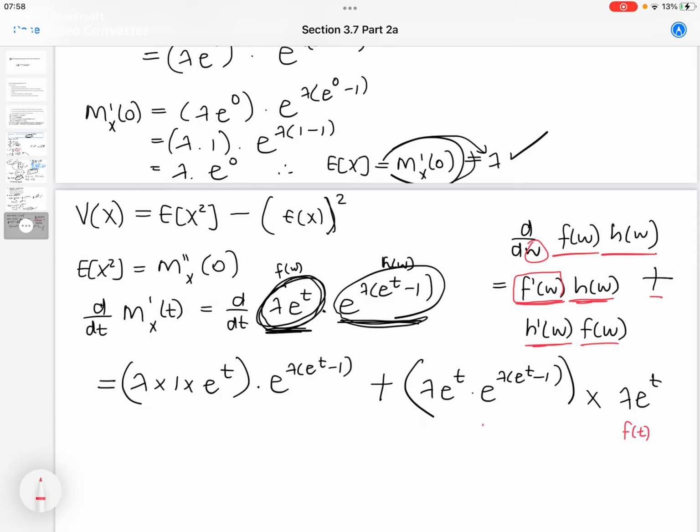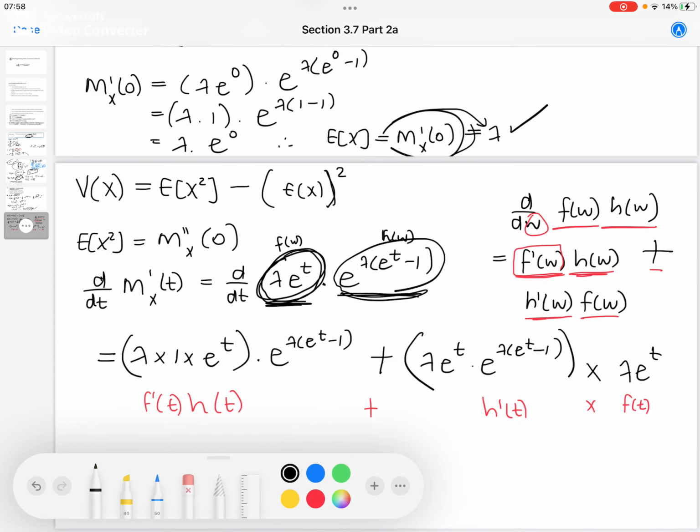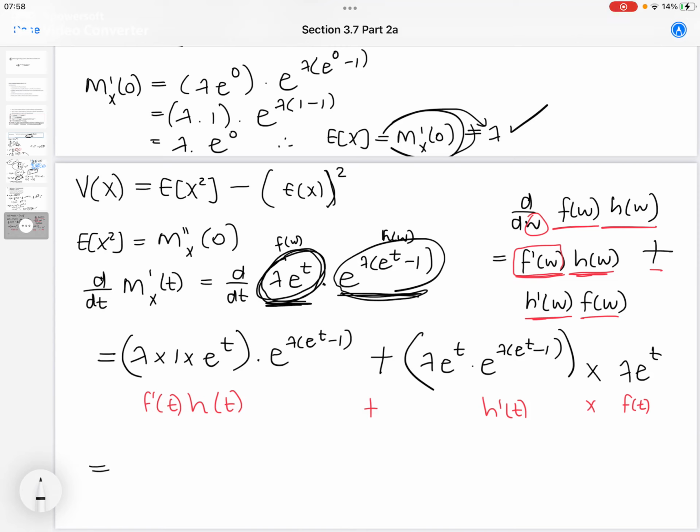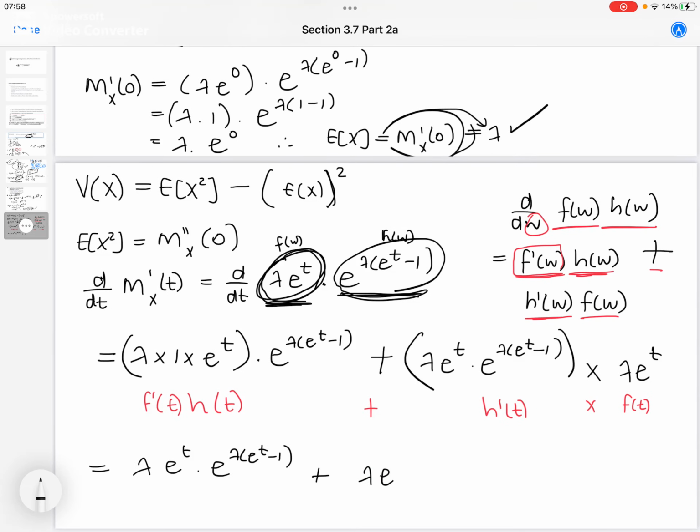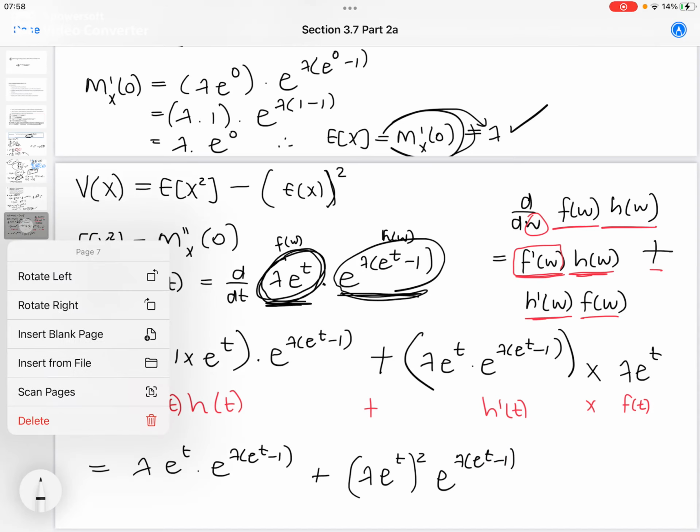So we have f prime(t) h(t) plus h prime(t) f(t). And so this is equal to lambda e to the power t times e to the power lambda (e^t minus 1) plus lambda squared times e to the power t squared times e to the power lambda (e^t minus 1).